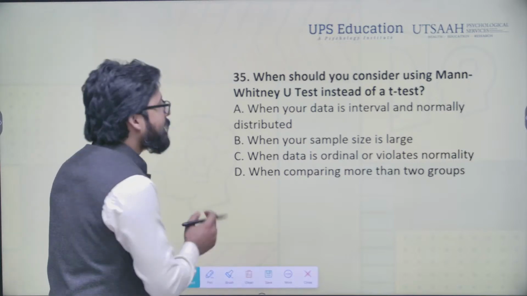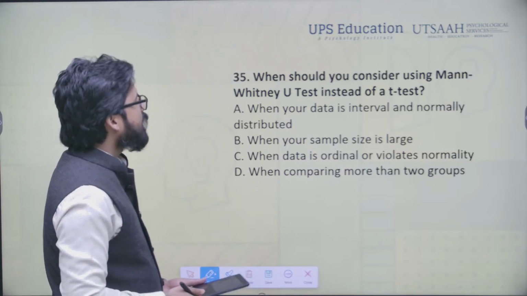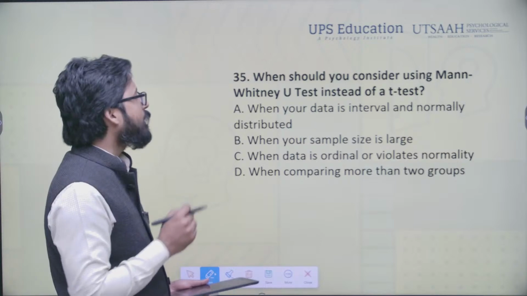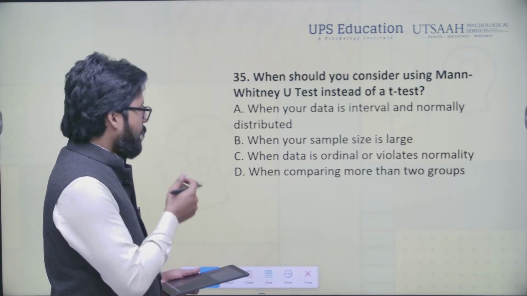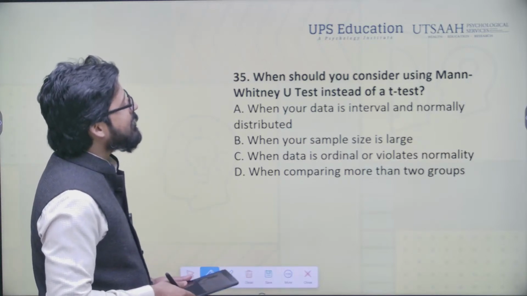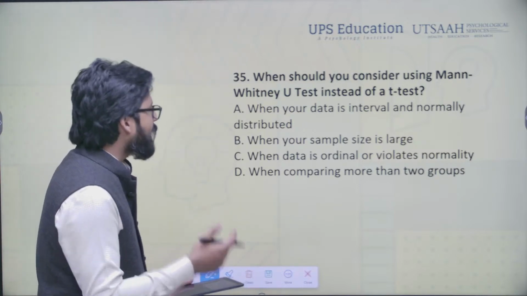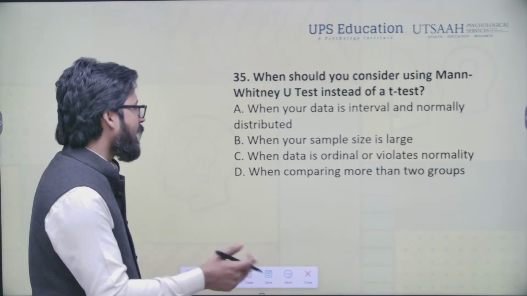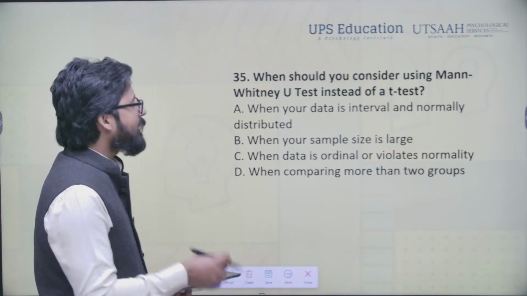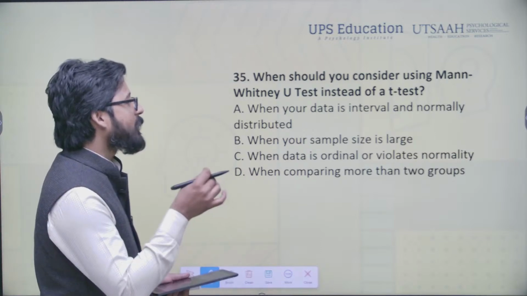When should you consider using the Mann-Whitney U test instead of the t-test? Option A, when your data is interval and normally distributed. Option B, when your sample size is large. Option C, when data is ordinal or violates normality.